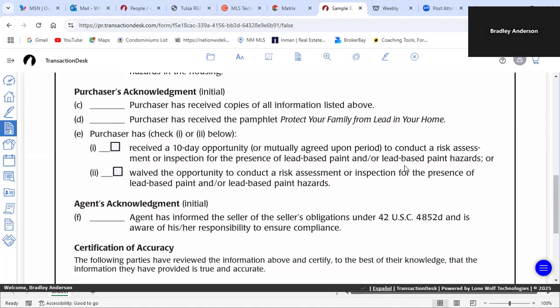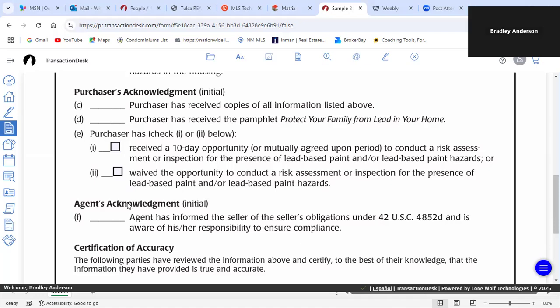That just means that the buyer is electing to have a separate inspection done to verify that there is or is not any lead-based paint hazard in the home. Or the second option, waive the opportunity to conduct a risk assessment or inspection for the presence of lead-based paint or lead-based paint hazards.